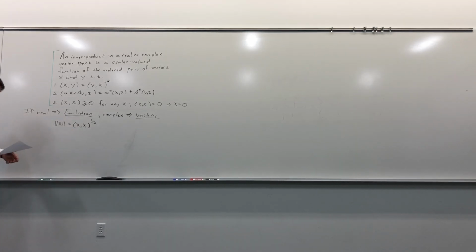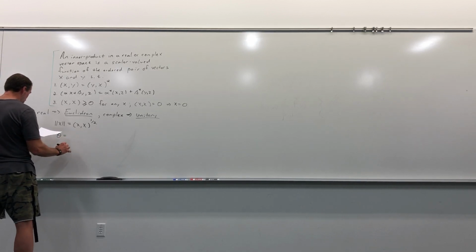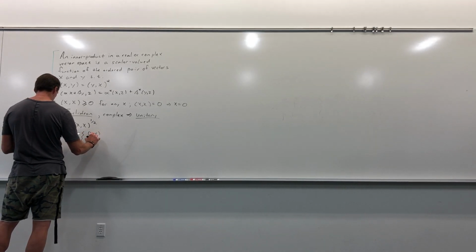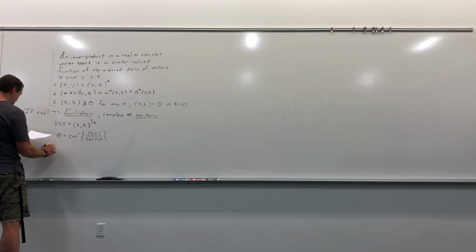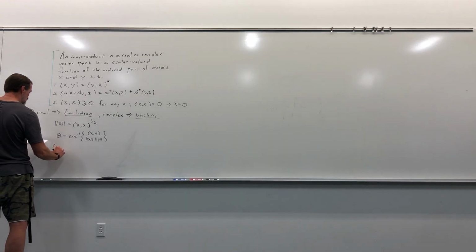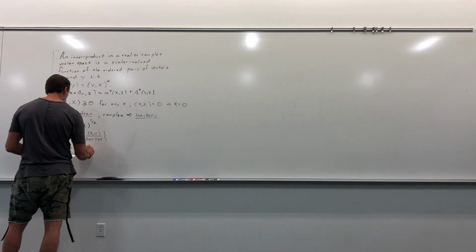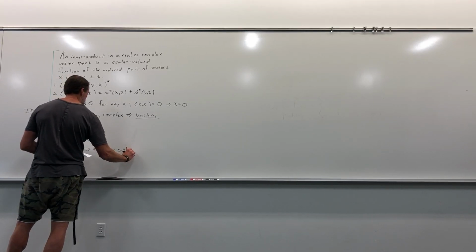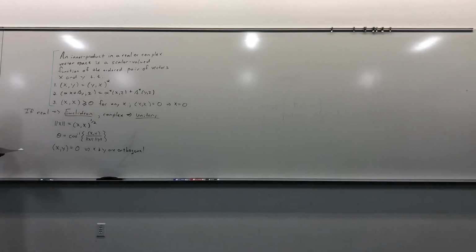And that's important. We can also define the angle between any two vectors, and this is true in any number of dimensions. It's just the inverse cosine of the inner product of the vectors divided by the magnitude of each vector. We can also define orthogonality. If the inner product between two vectors is 0, then x and y are orthogonal. And lastly, we can define orthonormality.